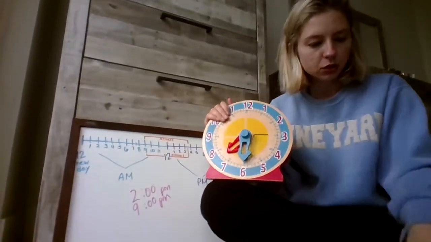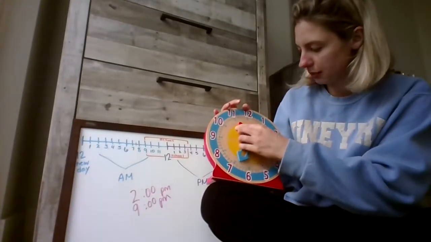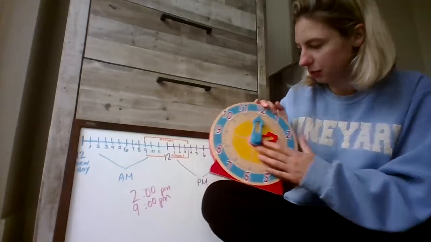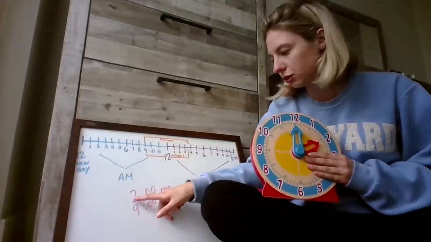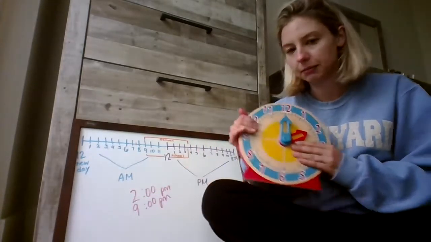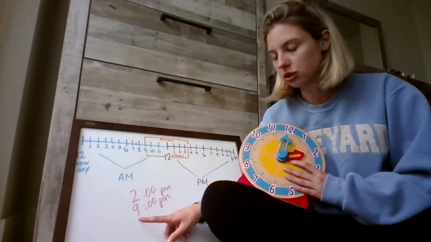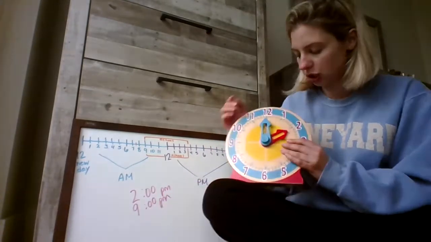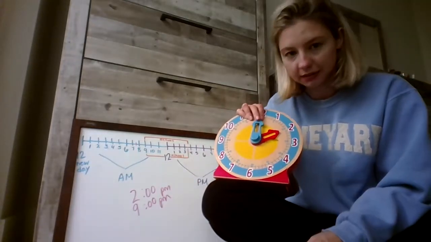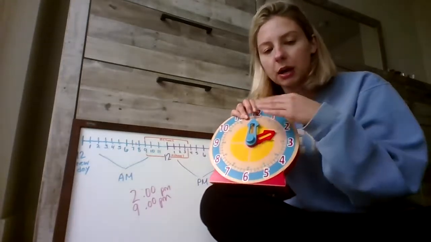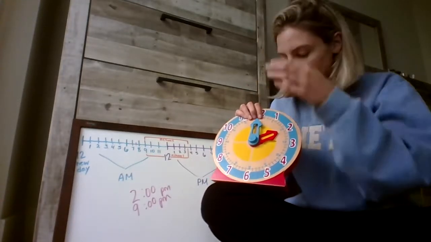Ready? So Saturday at 2 p.m. I'm going to show 2 p.m. 2 p.m. has 0 minutes, just like I put right here. 2:00 p.m. Now, it ends in a new hour because look what changed. The hour changed, the minutes did not change. So that means this blue arrow is never going to move. Well, it is going to move because it's going to go round and round, but it's going to end in the same place. Okay?